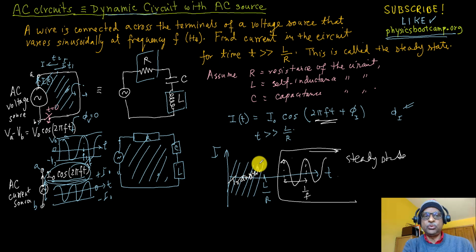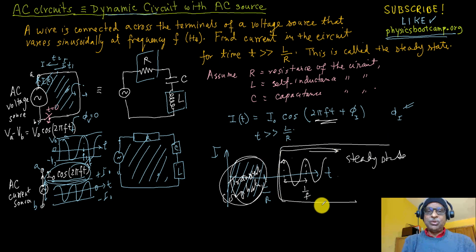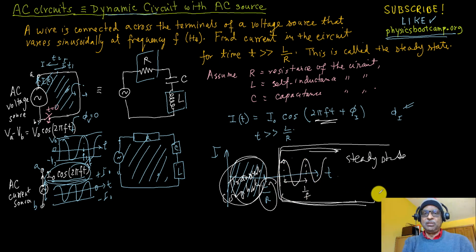So when you switch on, it can be very complicated, and you let it settle down. That's why you want the circuit to warm up. You turn the circuit on and let it warm up. Warm up means you've gone beyond this time, and you are in this steady state behavior.